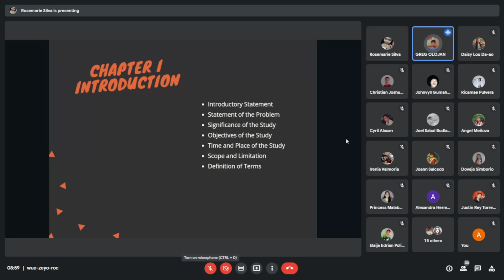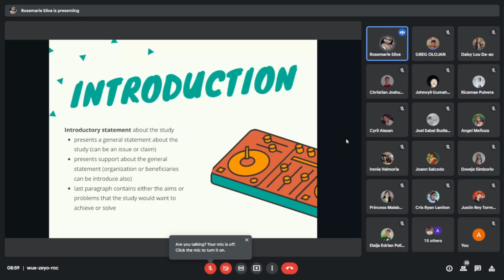Yung hindi ko naibigay. Right, theoretical framework. Theoretical and conceptual framework. Later on, we will discuss what theoretical and conceptual is. So let's have muna these things.